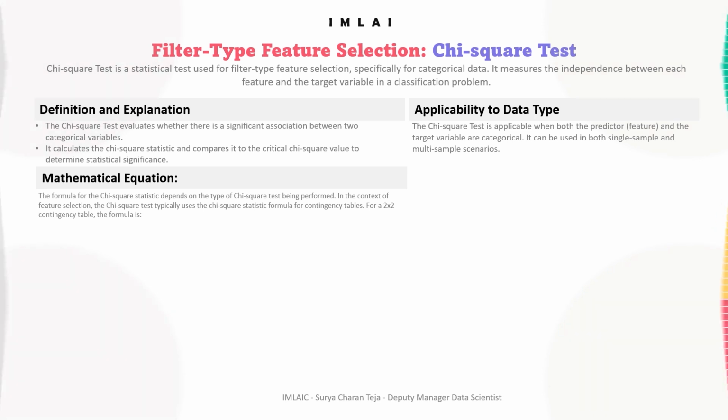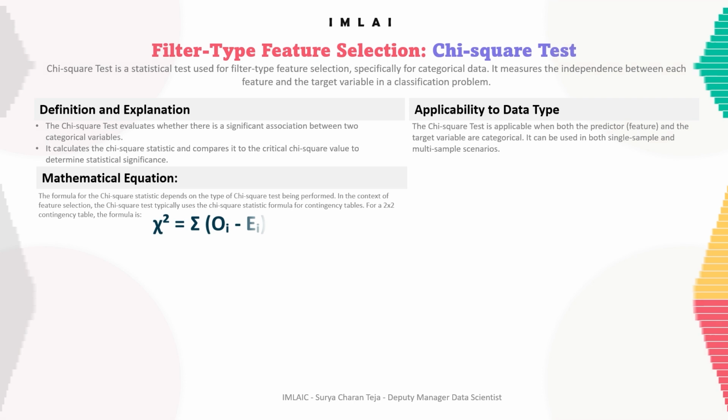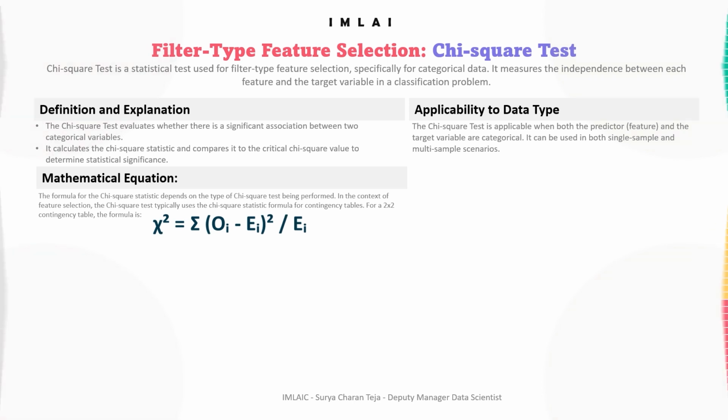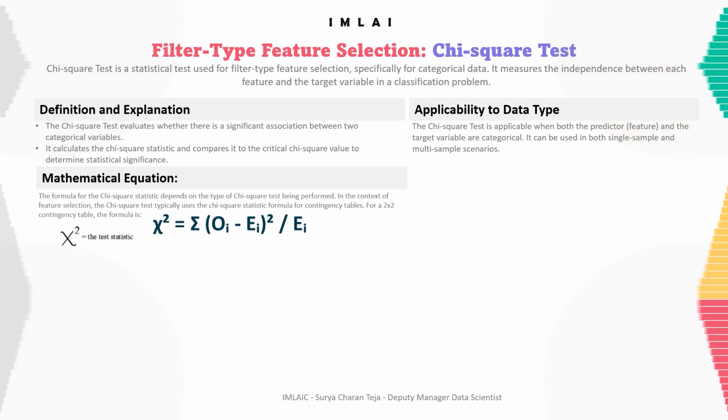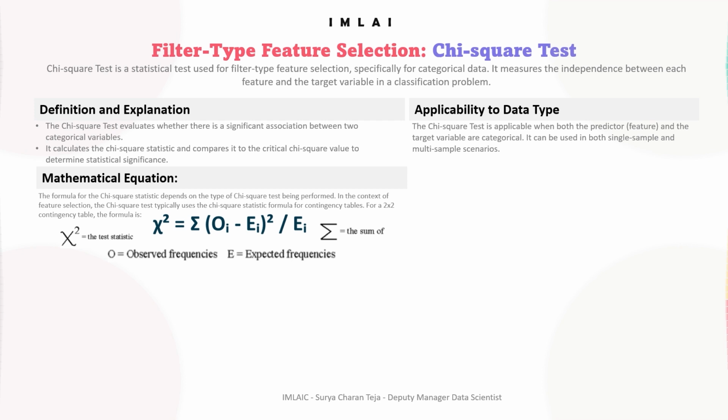For a 2 by 2 contingency table, the chi-square can be calculated using this formula: the summation of (O sub i minus E sub i) whole squared divided by E sub i. Here chi-square is the chi-square statistic or test statistic, sigma is the sum of everything, O is observed frequencies and E is expected frequencies.